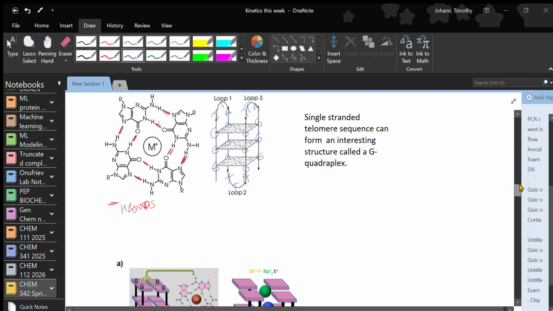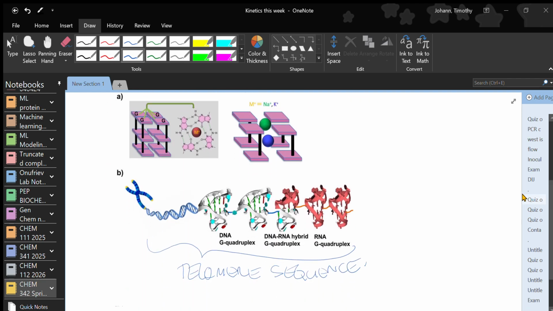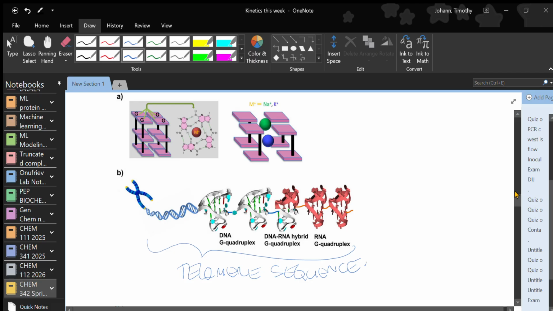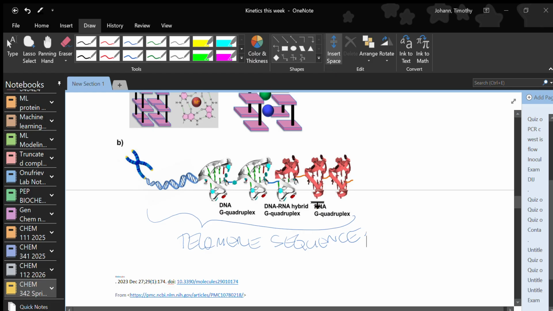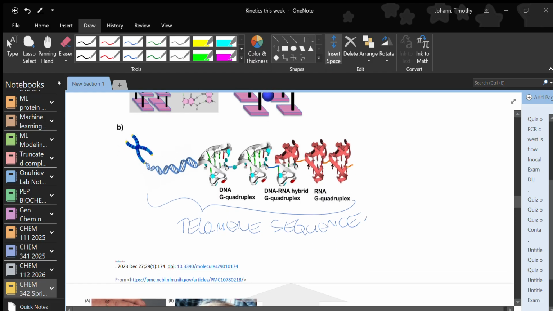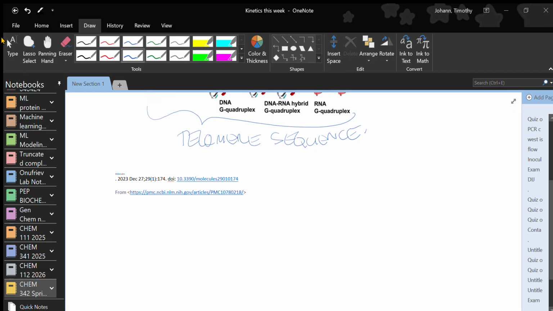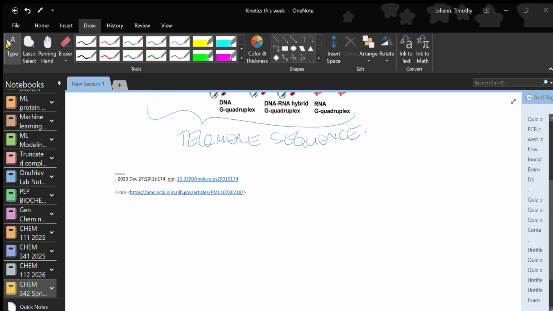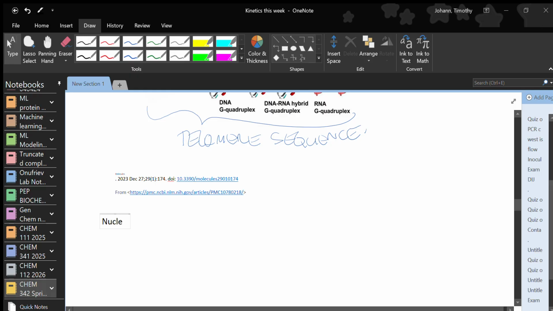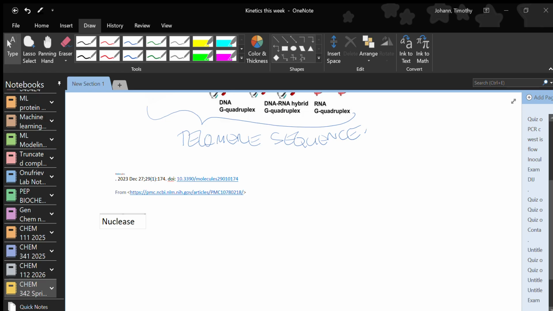And when I say exonuclease, what's a nuclease? Exonucleases cut DNA. A nuclease is going to hydrolyze the DNA sequence. It's going to be hydrolysis, we use water, but we can just say it cuts the DNA sequence.